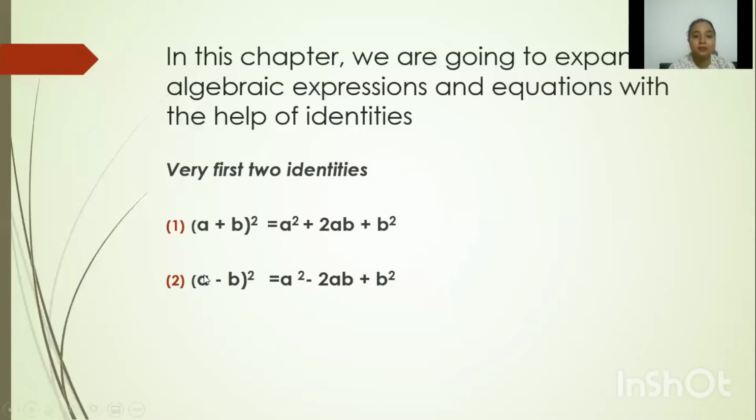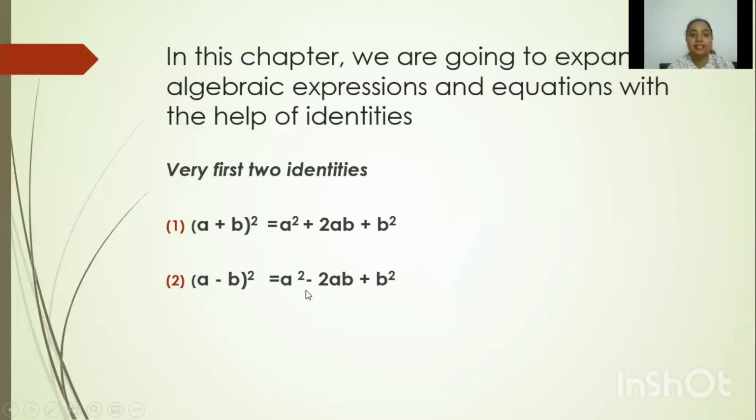So this is the expanded form, right? And this is (a minus b) whole square equals a square minus 2ab plus b square. So the minus is the only difference here, in these two identities. For plus, everything is plus, and for minus, this is in minus.